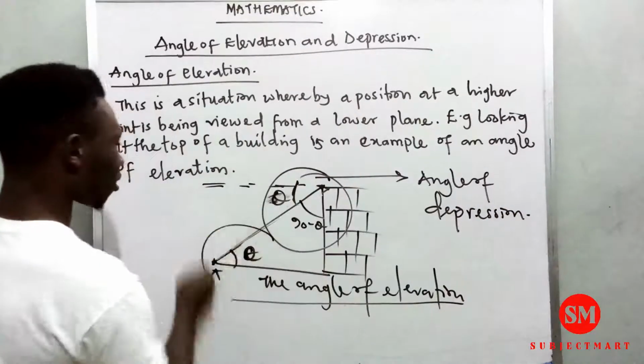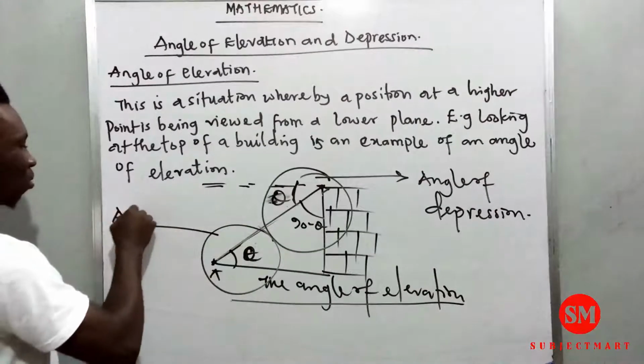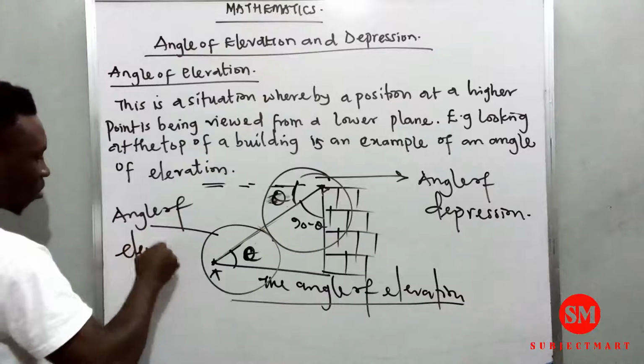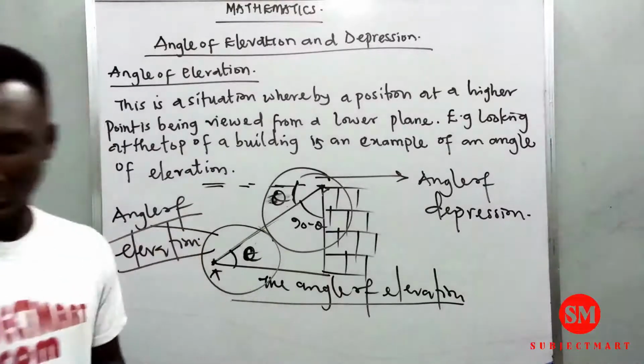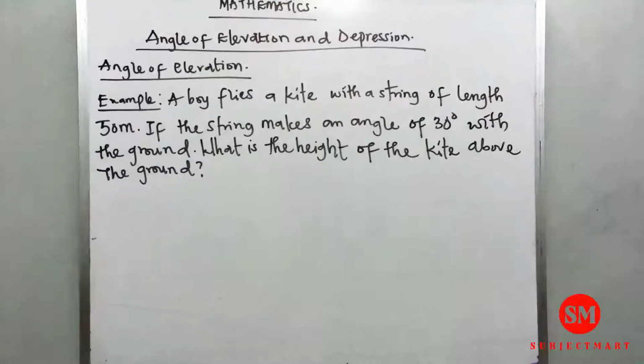Looking from the ground position to the top is called your angle of elevation. So I would like us to pay close attention to this because our questions are going to be coming from this particular circle.